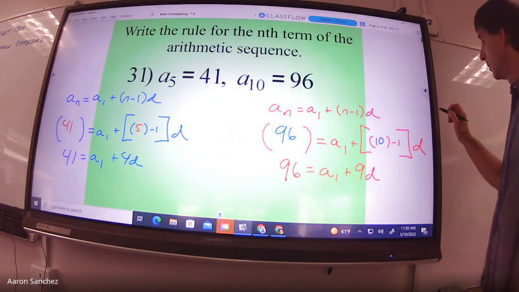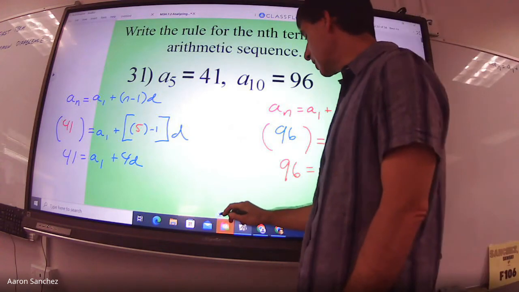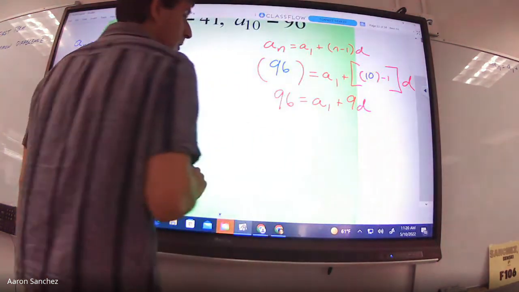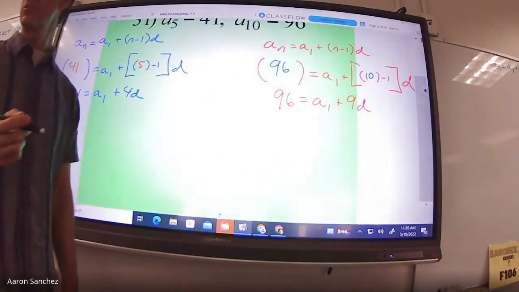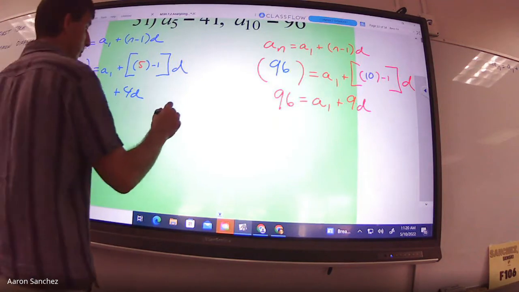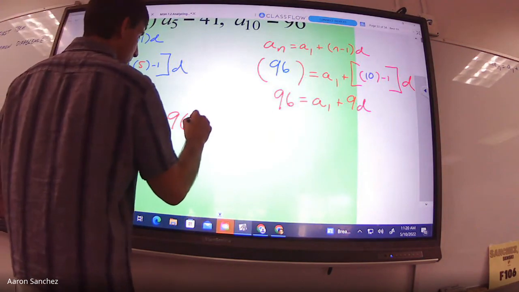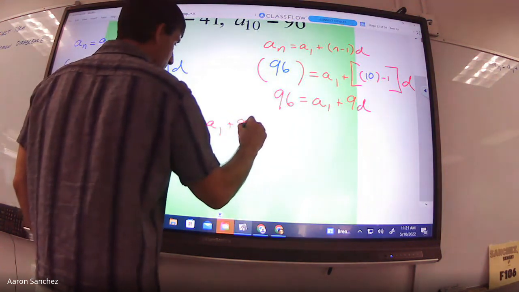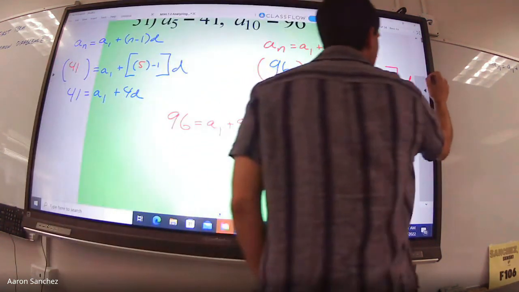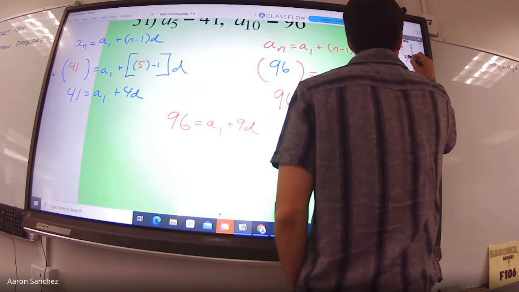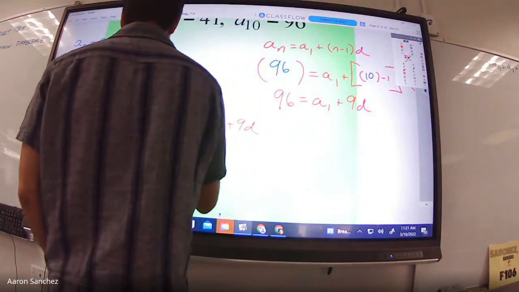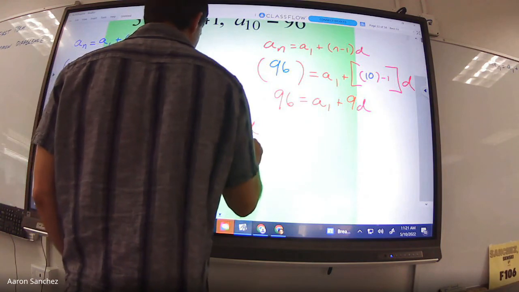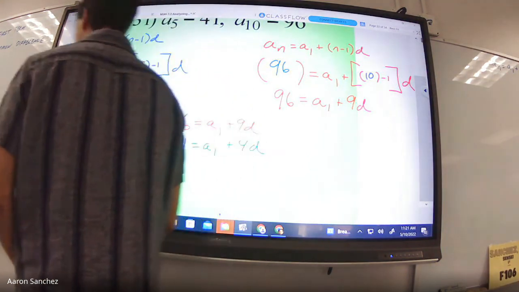So now, let us take these two equations, and we're going to do the elimination method. You guys remember the elimination method? We're going to say 96 equals a sub 1 plus 9d, and below that, we're going to line it exactly up with 41 equals a sub 1 plus 4d.